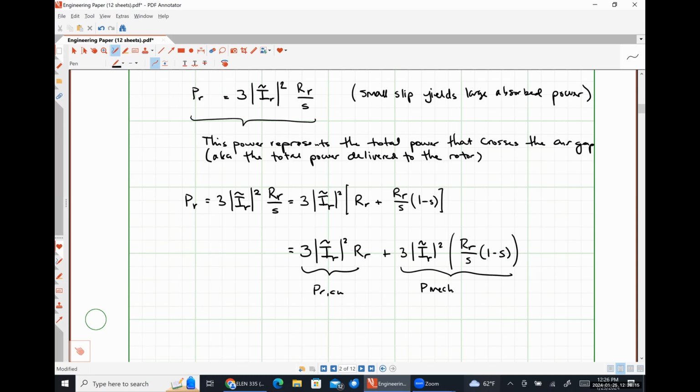So that our total power absorbed by our rotor is a combination of the mechanical power and the copper losses. Going back to how we had our losses and all of that kind of stuff broken out when we were looking back at electromechanical energy conversion.